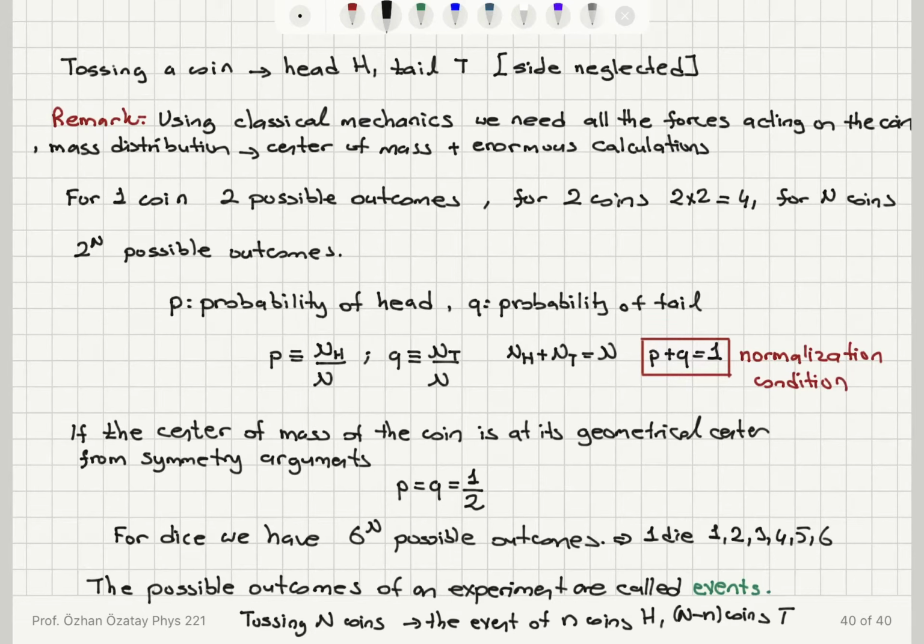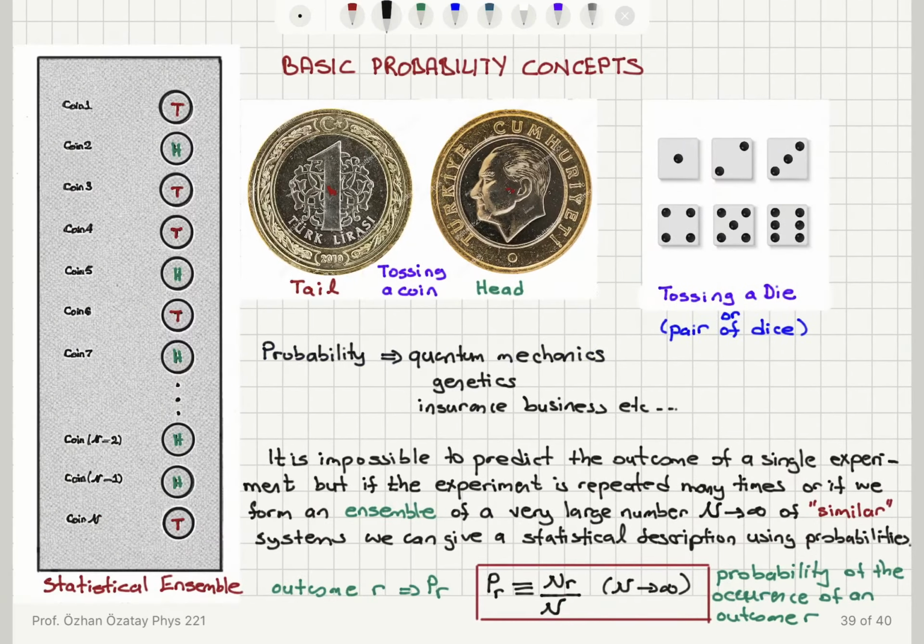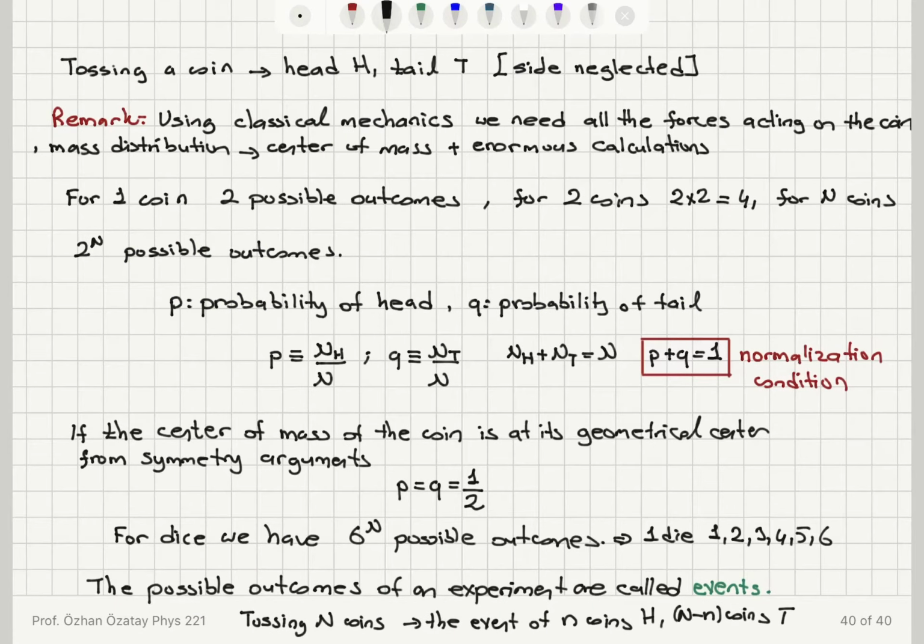So this is going to be an event in this experiment. In the ensemble where we are trying this experiment, all the systems must have exactly the same initial conditions. So we do this right at the same time so that we are describing this carefully without any changes in the conditions that will affect the probabilities.